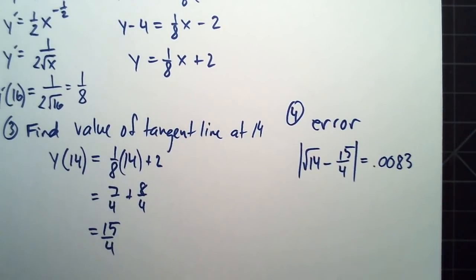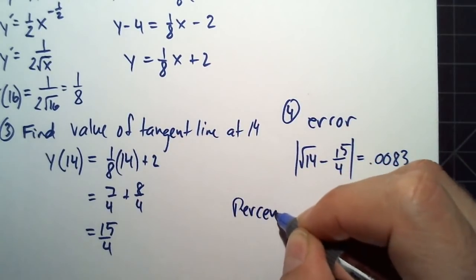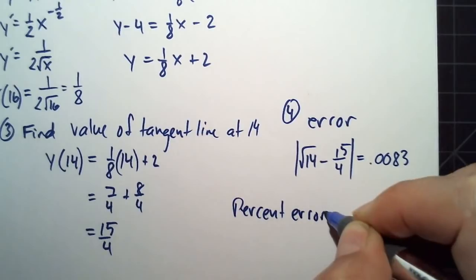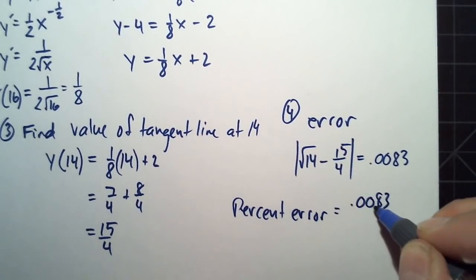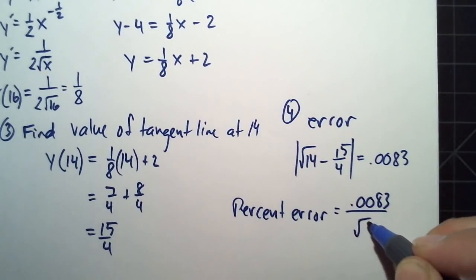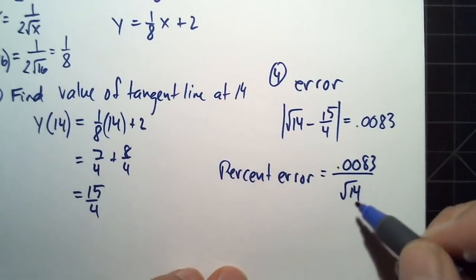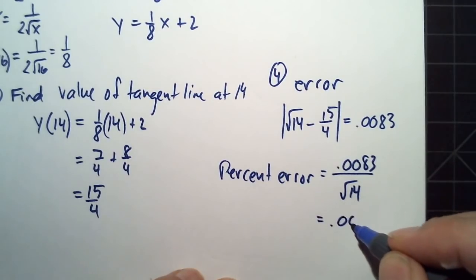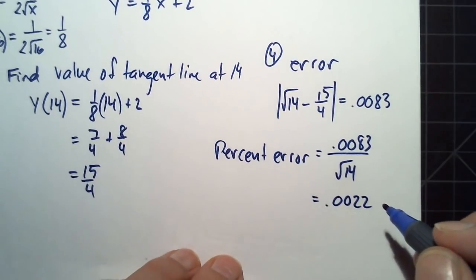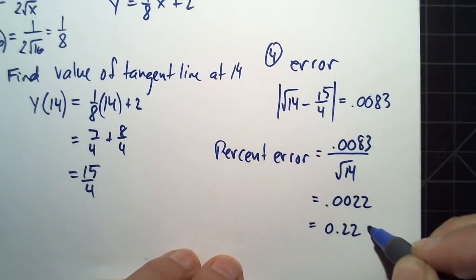We could talk about that being the error, but we can also talk about the percent error, and that's just going to be the error divided by the actual value. How far away is it from the actual value? And we get 0.0022 or 0.22%.